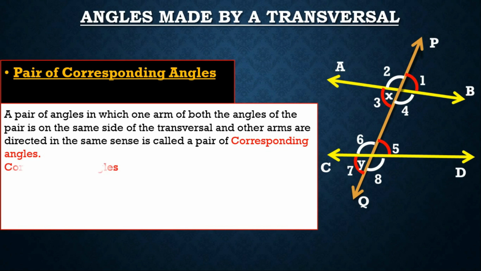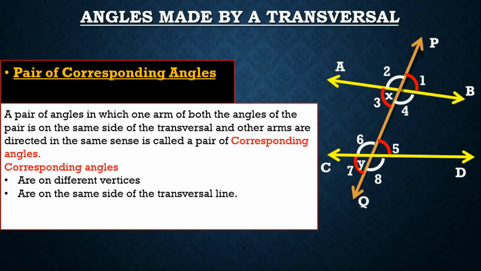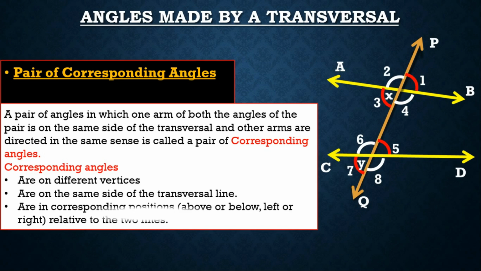So let us see another point. Corresponding angles are on different vertices. Vertex is singular and vertices is plural. Corresponding angles are on the same side of the transversal line, and they are in corresponding positions, above or below, left or right, relative to the two lines.